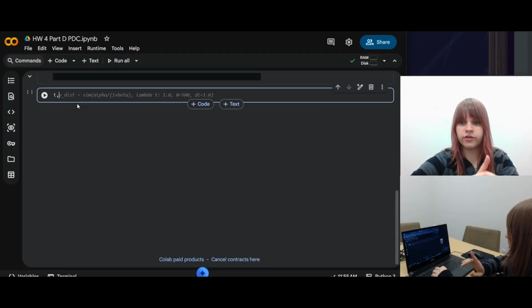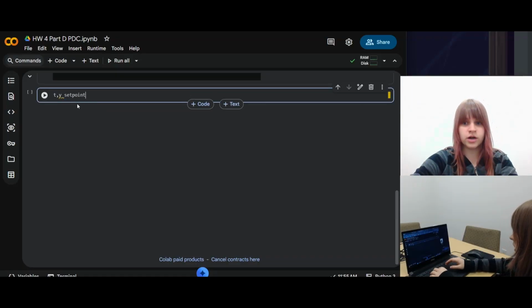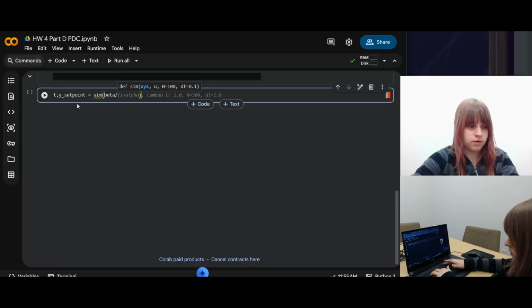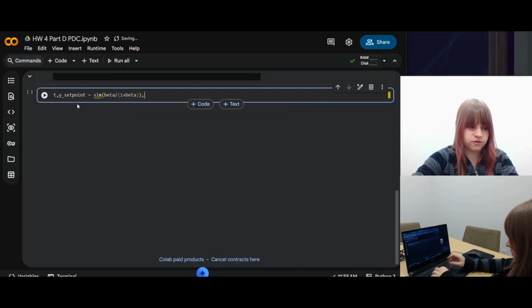We already have all the needed information above, so we're going to do a new simulation where if the set point changes, we again have beta. Actually, this time it's beta divided by 1 plus beta because we're looking at the outer loop, not the inner loop. Specifically, lambda t, same n and dt values.